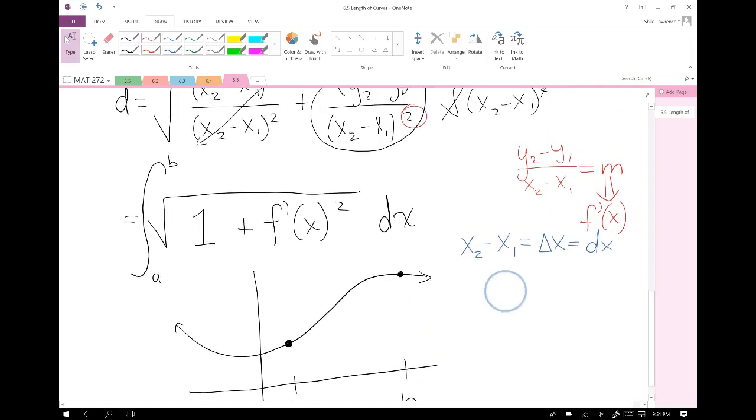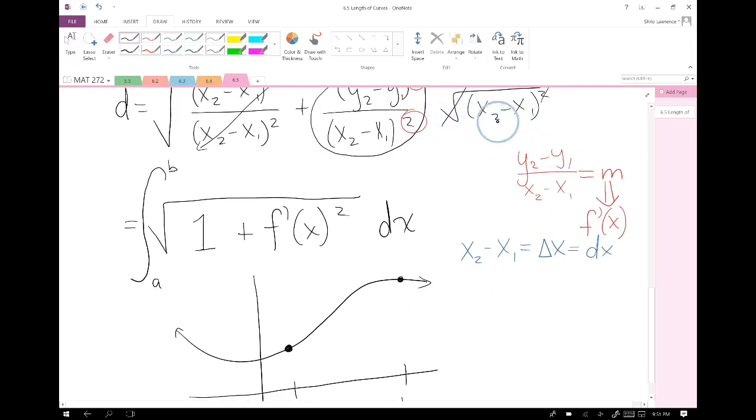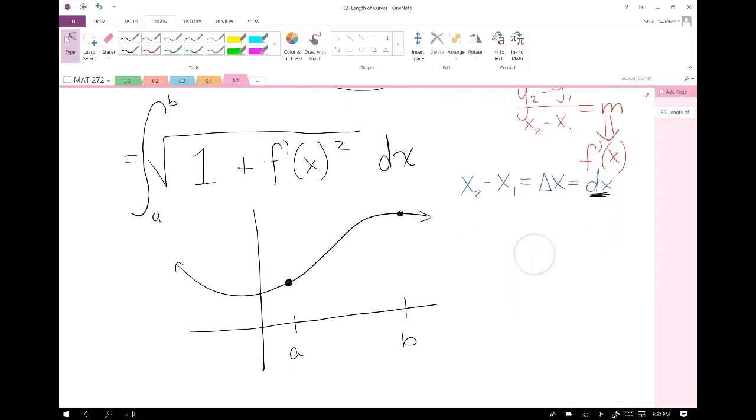But because we have this x2 minus x1, this dx, delta x always represents a very, very, very small distance in the x direction. So what this is doing is breaking down our interval a to b into tiny, tiny, tiny little subintervals. And this little subinterval is our delta x. And then it will do another one, and then another one, and then another one.